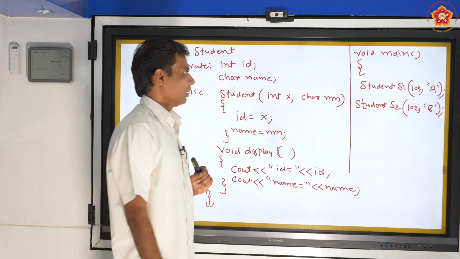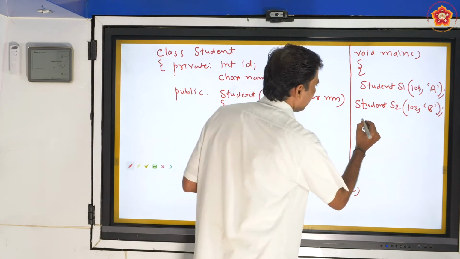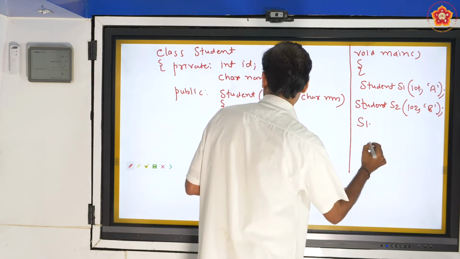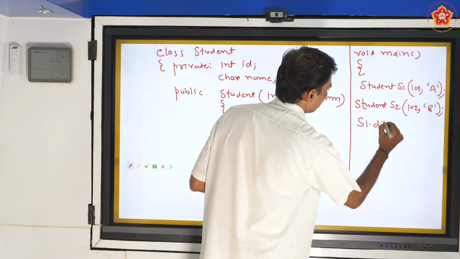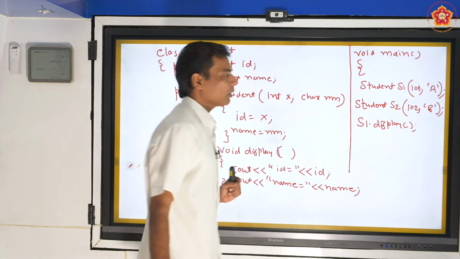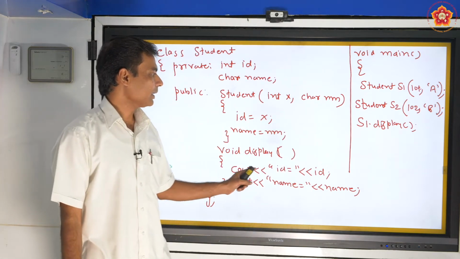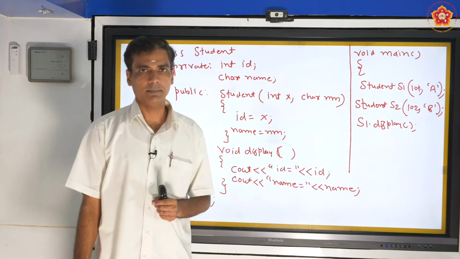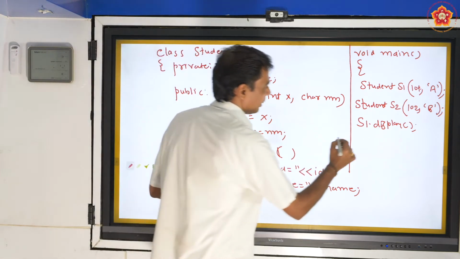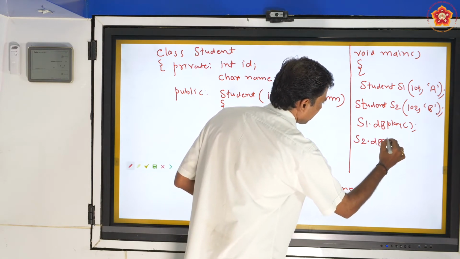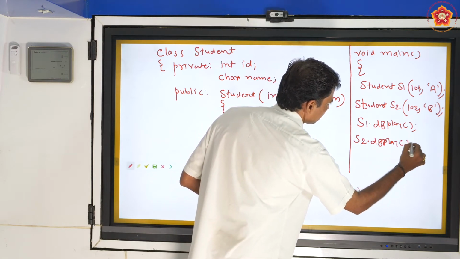And then when I call s1.display, what output will I get? I will get id as 101 and name as a. And when I write s2.display, what will I get?